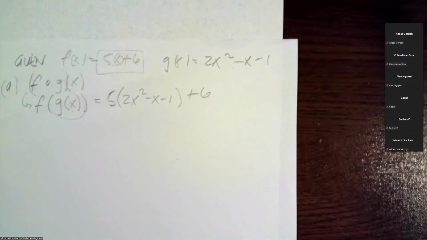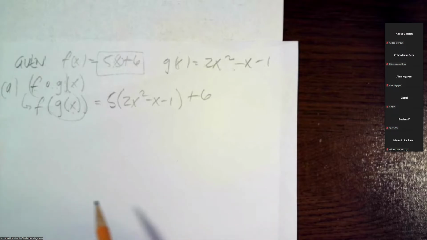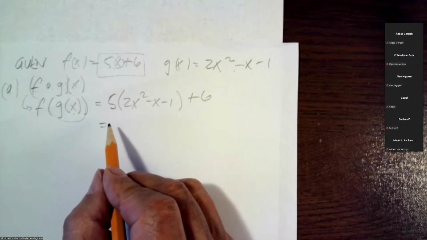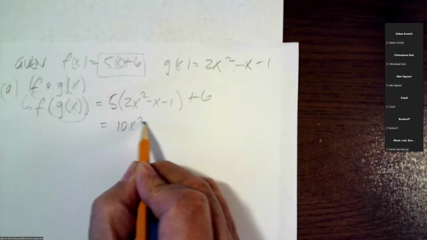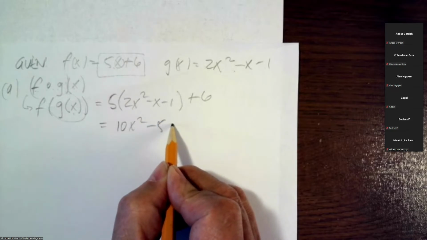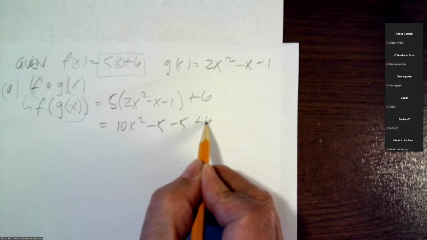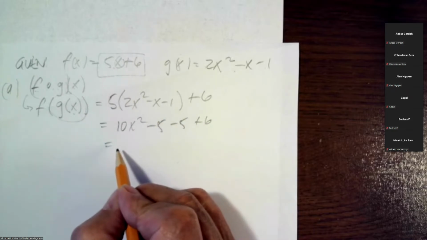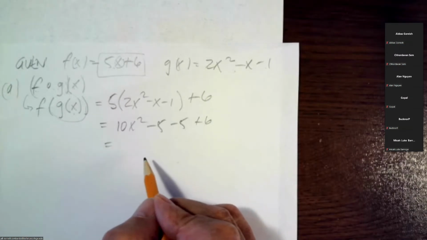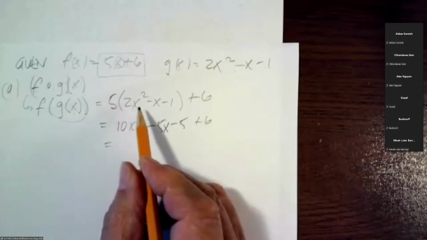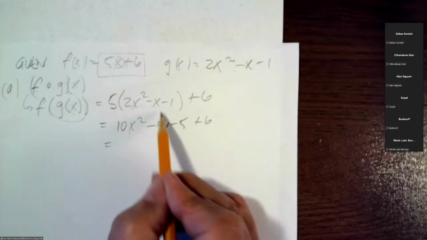Questions at all? Makes sense. So if I now do my multiply, I'll get 10x squared minus 5x minus 5 plus 6. 5 times this is 10x squared minus 5x.